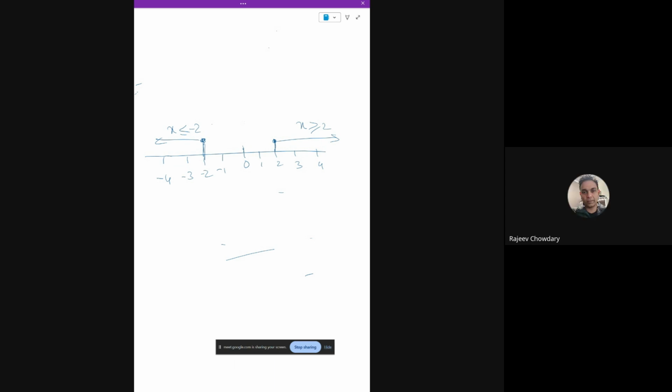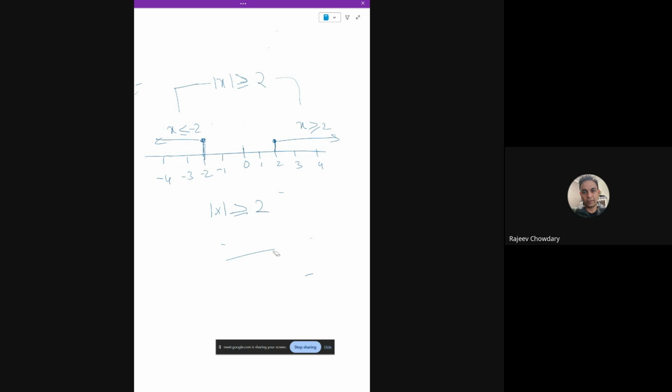Now if I convert this into absolute value, this is going to be modulus x is greater than or equal to 2. Do you agree? Is this making sense to you? So I'm saying modulus x is greater than or equal to 2 kilometers, which means you don't want to search in between.